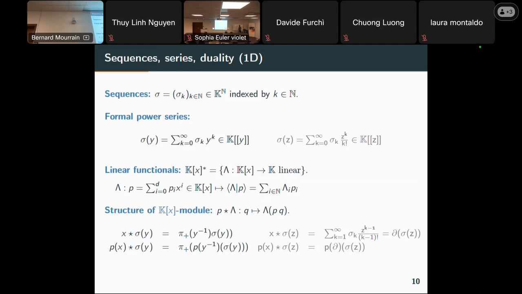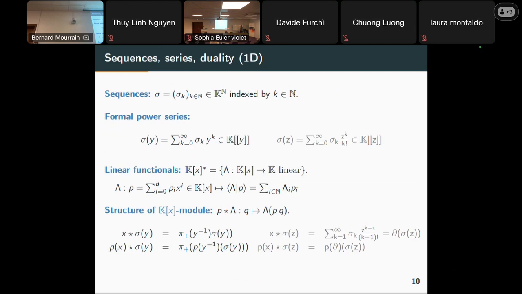This will be delta of z squared minus delta of t. This is a differential polynomial, and we apply it to the series.